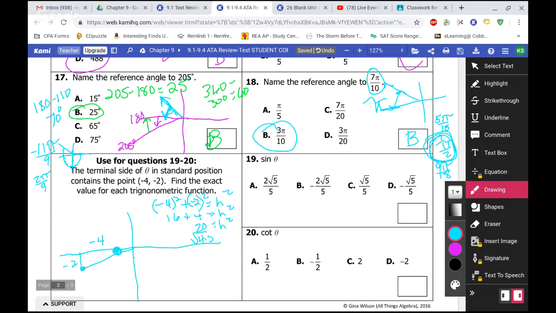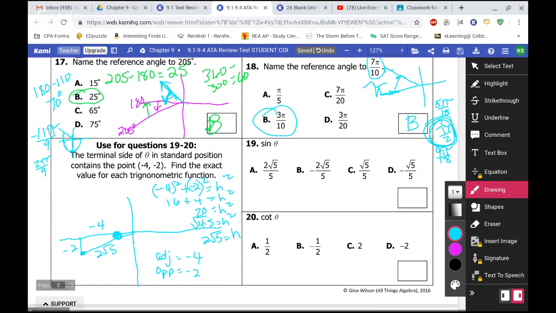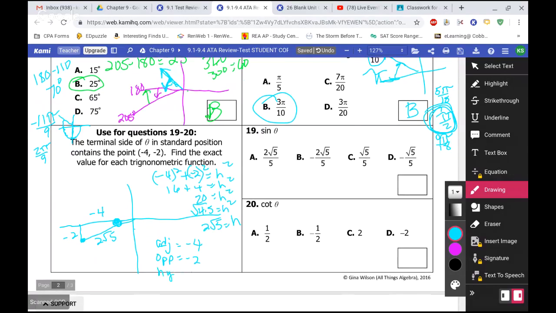I'm just going to pull out square roots. This one's fairly easy: 2 root 5 equals h. So my adjacent side is -4, my opposite side is -2, and my hypotenuse is 2√5.